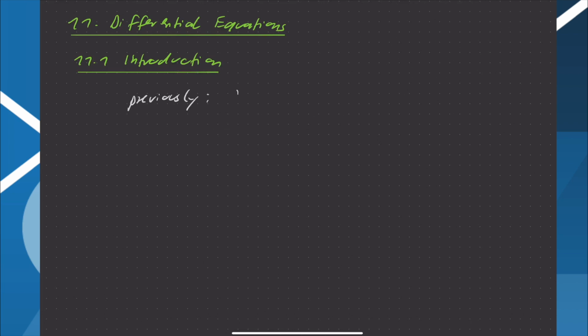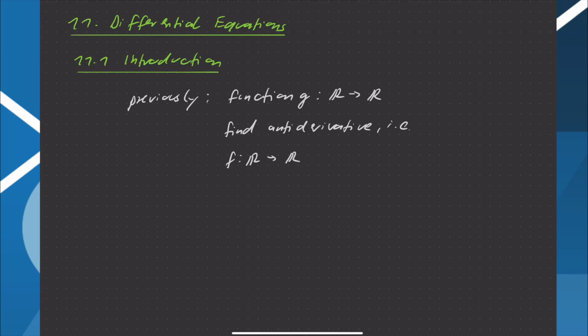Given a function g, usually from the reals to the reals, the task was to find an antiderivative. And that is a function f, again from the reals to the reals, with f prime of x equals g.